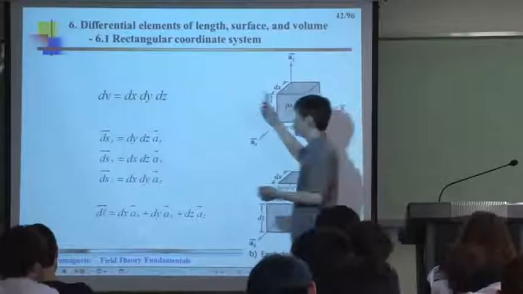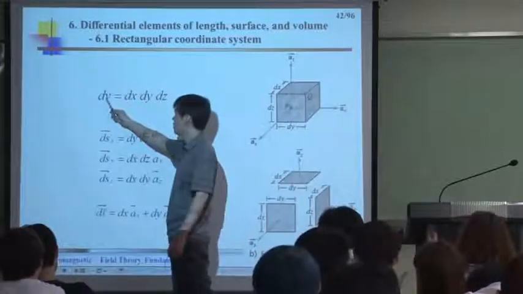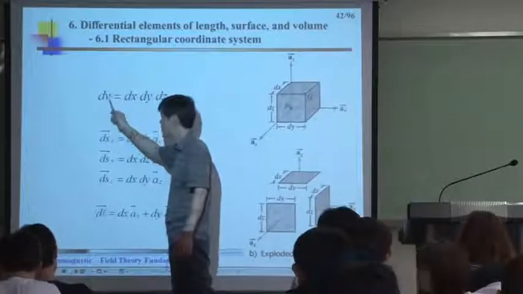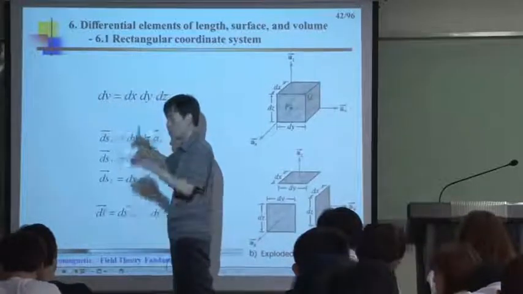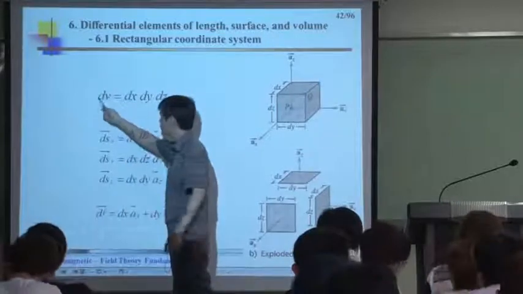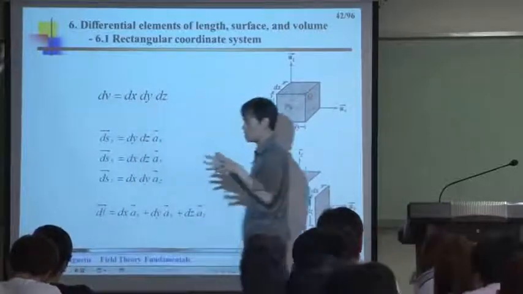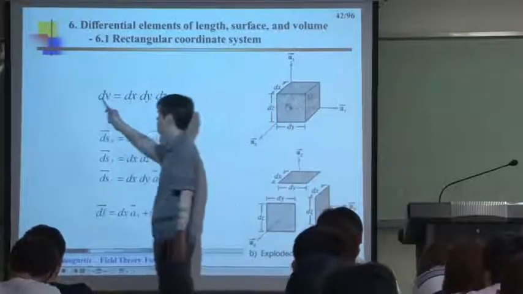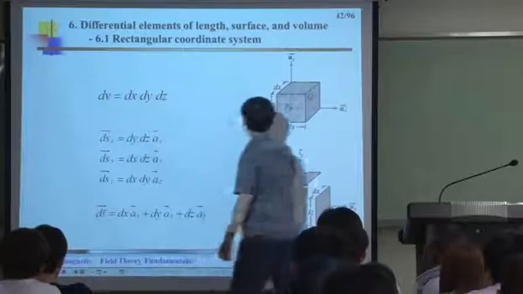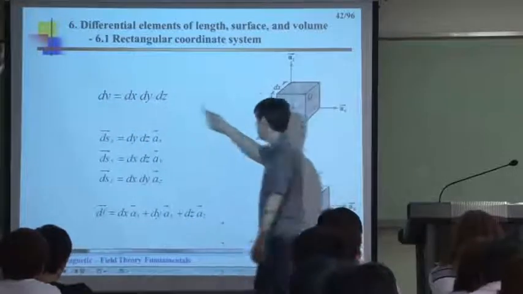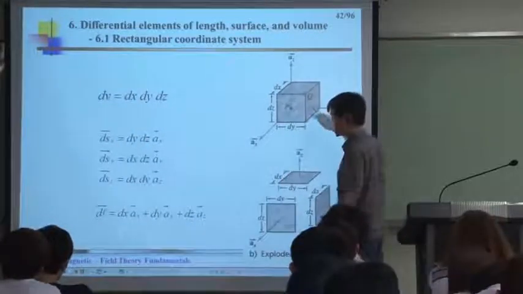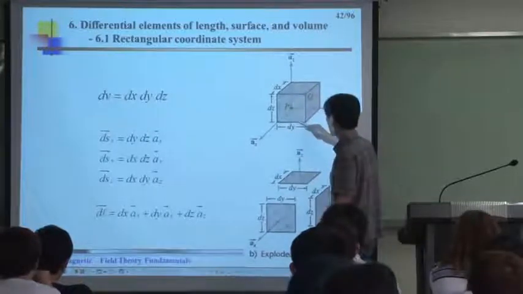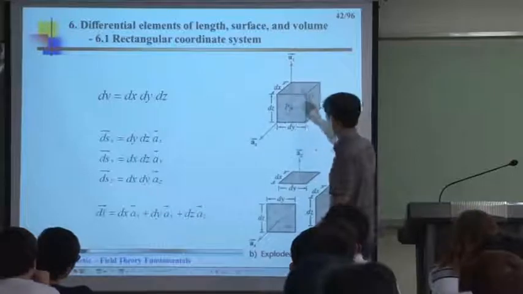So, the volume integration can be done with the dV. So the V is the volume and the dV means the small change of the volume. So the small, infinitesimally small volume is represented by the dV. So dV, if it is the x, y, z coordinate, it could have the x component, y component, and z component.